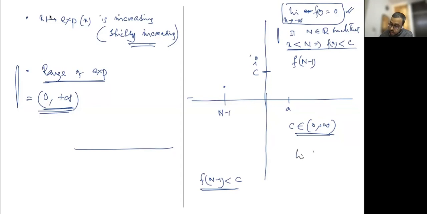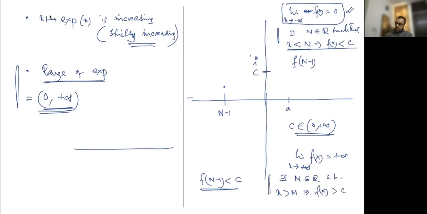And next you use the fact that as x goes to plus infinity, f(x) goes to plus infinity. So that means there would exist an M such that x greater than M would imply f(x) greater than c. Again, this is just using the fact that the limit is plus infinity.